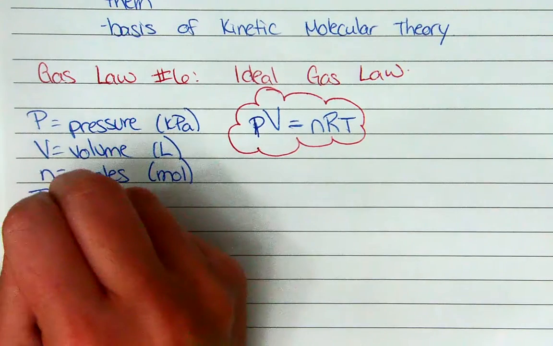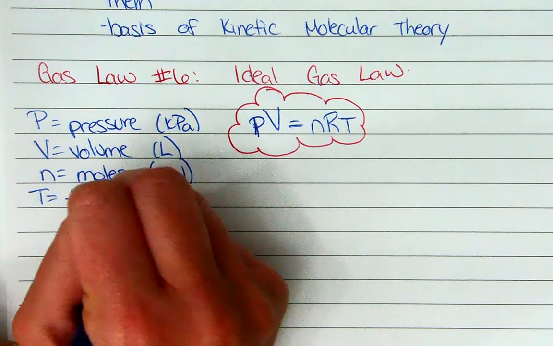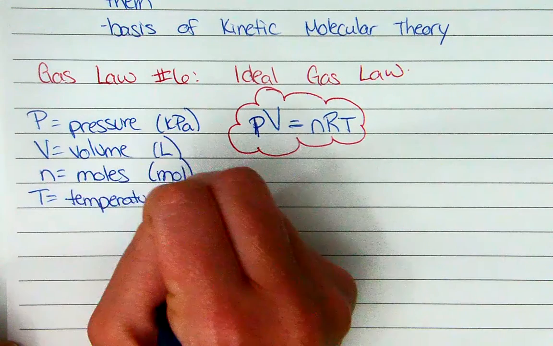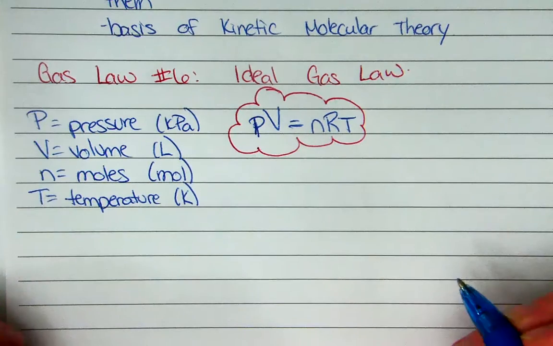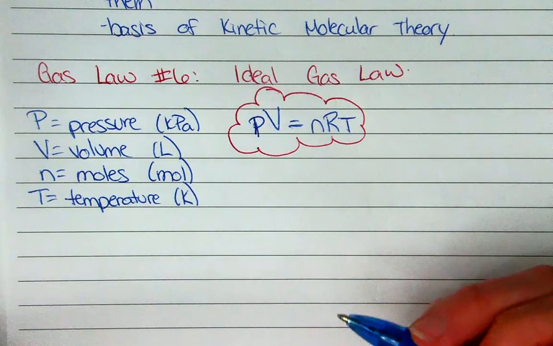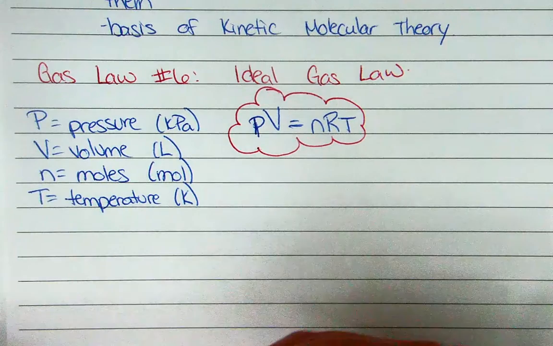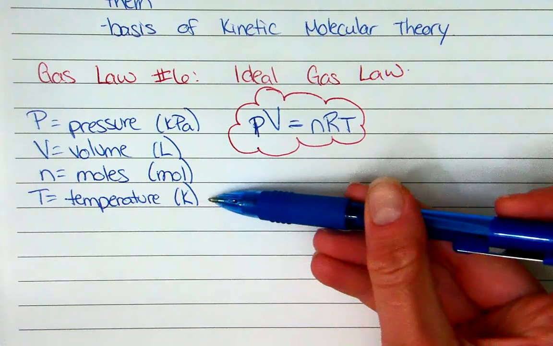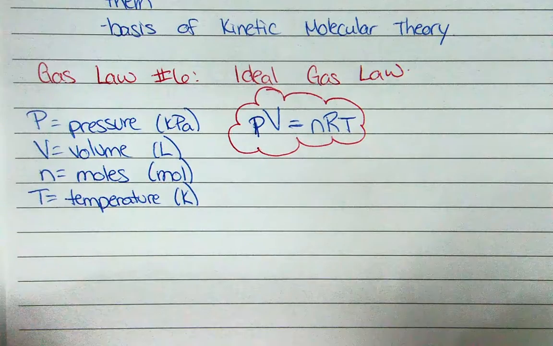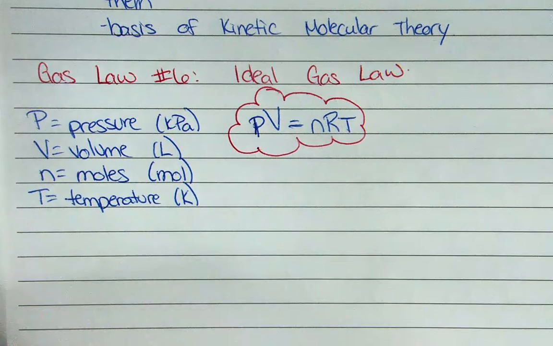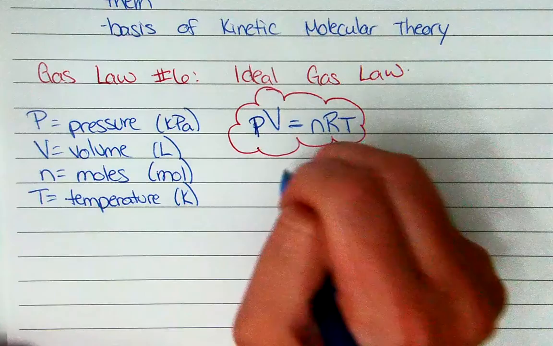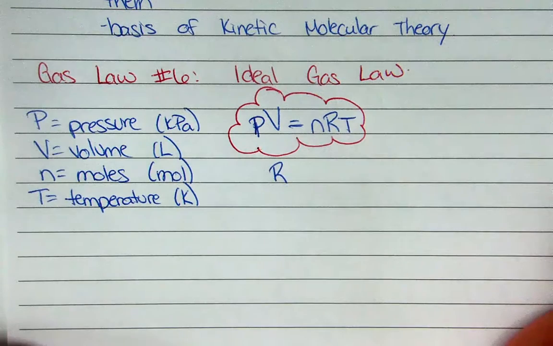T is temperature. Now this has to be in Kelvin. Looking before, you probably noticed that if you use Celsius, because it was all ratio based, it still worked the same. And you're not wrong, but I wanted you to start working on temperature in Kelvin because for our ideal gas law, we have to have it in Kelvin because of R.